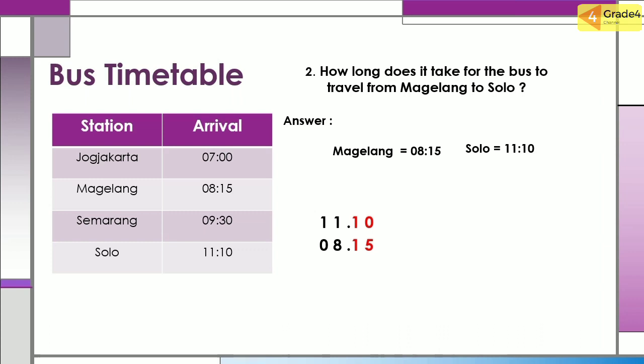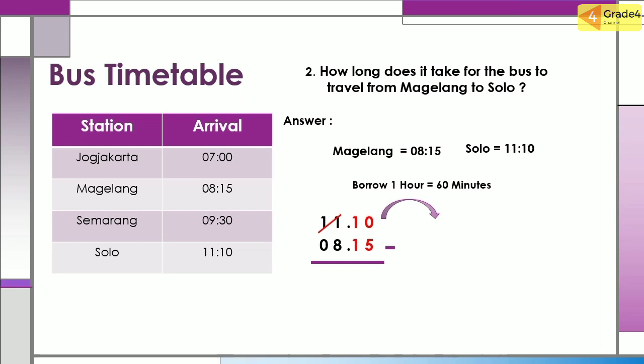We can subtract from the minutes place, 10 minutes minus 15 minutes. It cannot, so we can borrow 1 hour from 11. You must remember we have learned about time, so if we borrow 1 hour, it means we can add 60 minutes because 1 hour is equal to 60 minutes.